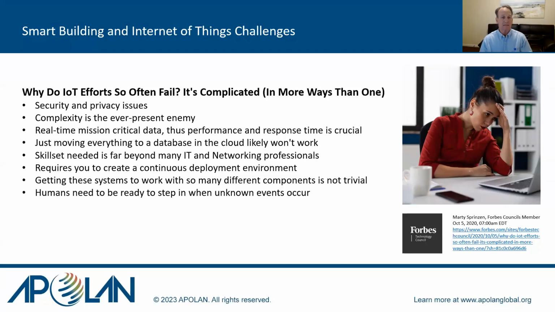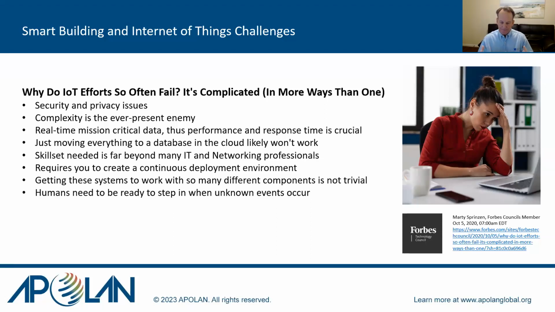It's a complex environment, so that's going to be tough to deal with. We're connecting things that are real-time and mission critical, so the performance of the connectivity is very important and crucial. And there's a lot of talk of everything being in the cloud. It's not as simple as that. We actually do have physical infrastructure and connectivity down in these buildings that need to be taken into consideration.